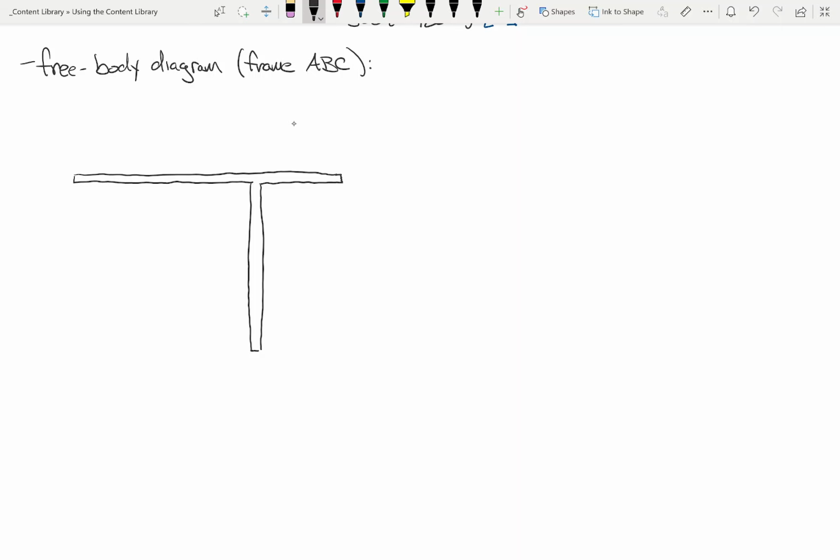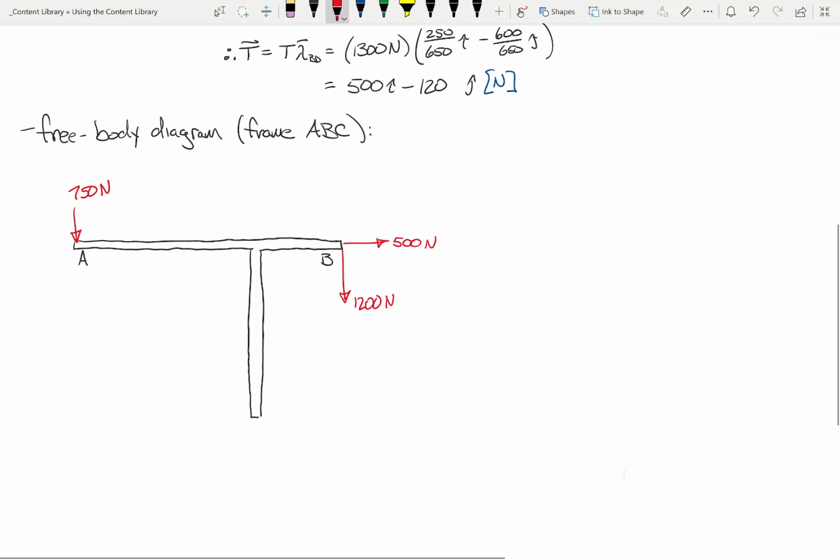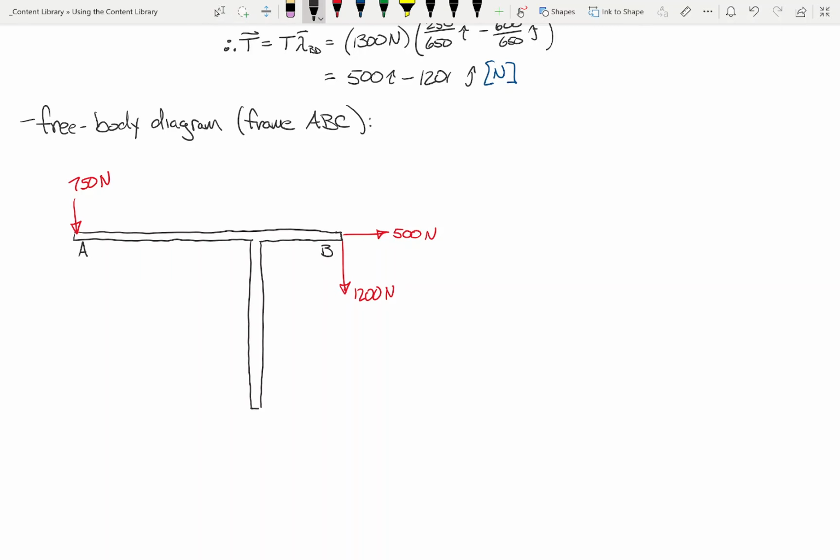Okay, so let's see. We've got a 750 Newton force here at A. At point B, we're going to have our 500 Newton force and our 1200 Newton force. And again, sorry, that's 1200. That's going to be our x and y components from the cable.